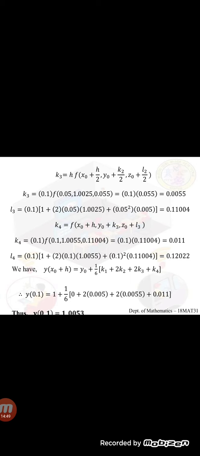So after getting all the values, substitute them in the formula. They asked only to compute y of 0.1. So it is 1 plus 1 by 6 of 0 plus 2 into 0.005 plus 2 into 0.0055 plus 0.001. So thus y of 0.1 will be 1.0053.